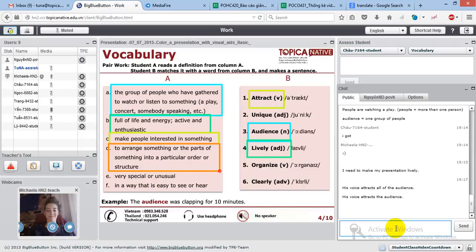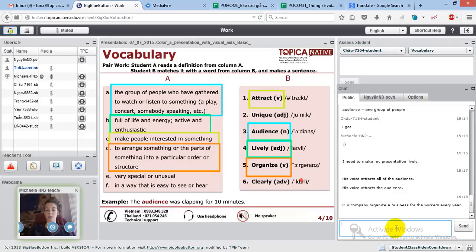It's matched number 5, organize. Wonderful. Yeah, organize. And can we have your sentence? Our companies organize a business for the worker every year. Cool. Our company organizes a business for the workers every year. Okay, cool. So, thank you.